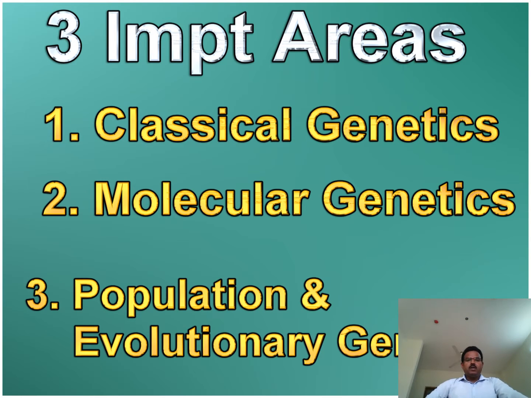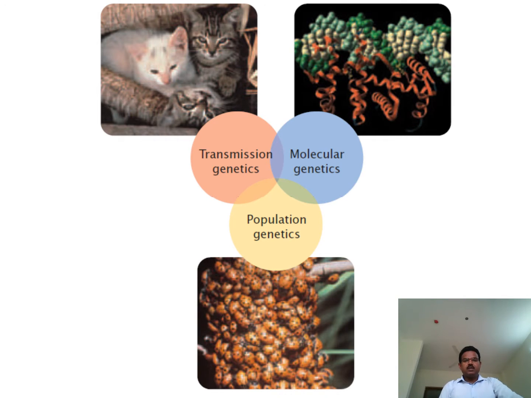There are three important areas of genetics. One is classical genetics, another is molecular genetics, and the third is population genetics, or evolutionary genetics, also called quantitative genetics. In transmission genetics we will be studying how traits are passed from parents to their offspring.